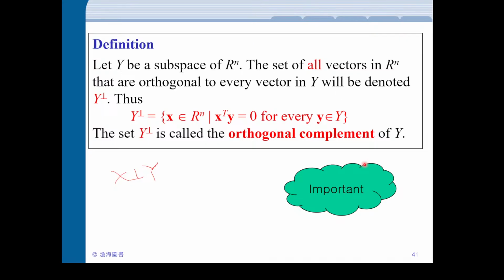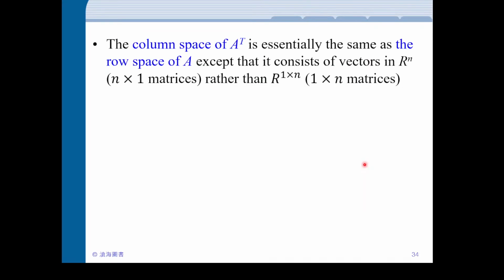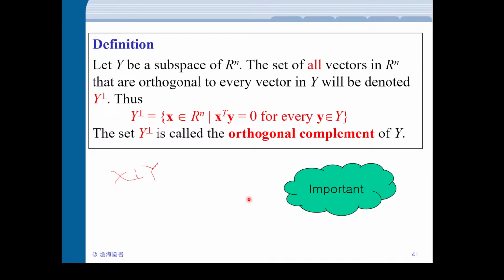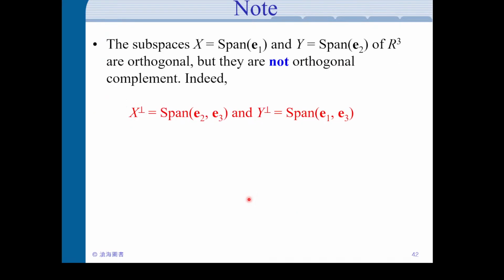And also, jumping back, a bit of a spoiler: everything we talk about today is about the row space and null space, and very soon we'll prove that the null space of any matrix is the orthogonal complement of the row space of that matrix. Okay. And this is the orthogonal complement, and let's see some properties about it.